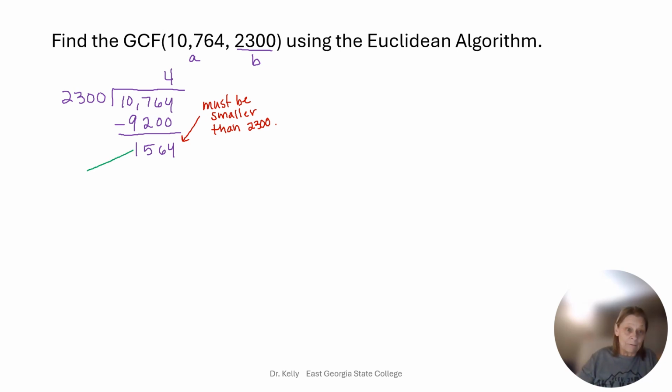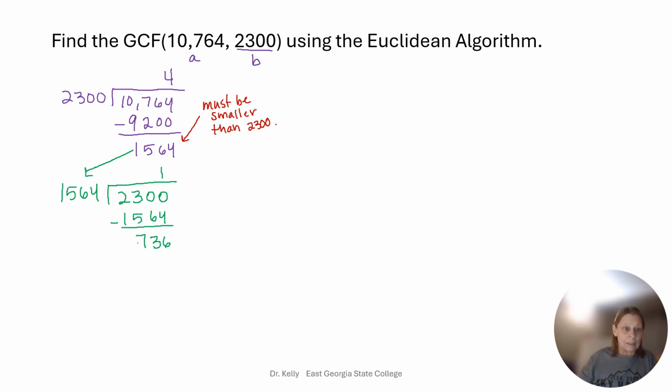Now we're going to take that 1,564 and divide it into the 2,300. I know this is crazy. Just trust me, this is what we do. Now 1,564 will go into 2,300 one time. Doing that subtraction there leaves us with 736. Now we do it over again.